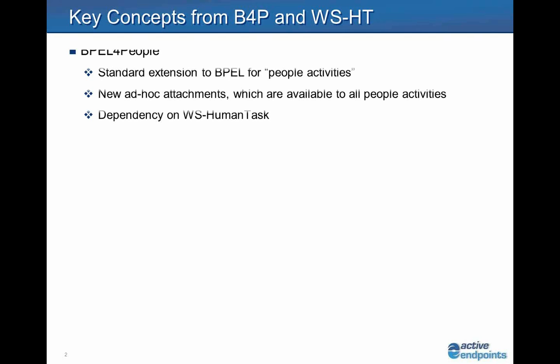The key concepts from these are, first, BPEL for People, which is a standard extension to BPEL where some of the activities are explicitly represented as people activities. And unlike other data within BPEL, which is represented purely with XML variables, it also added the concept of an ad hoc attachment, meaning you don't have to explicitly say this attachment is sent to this task and this one is sent to that task.